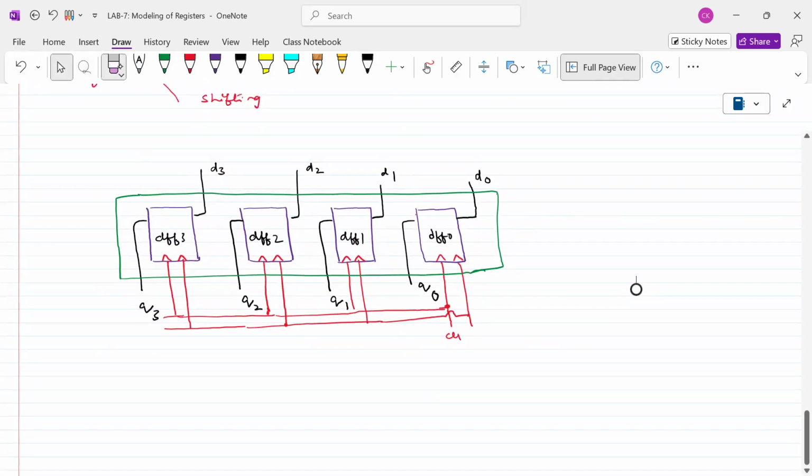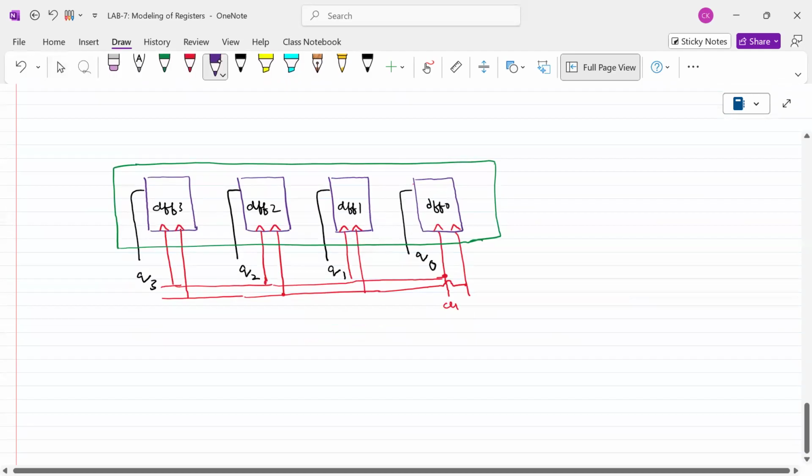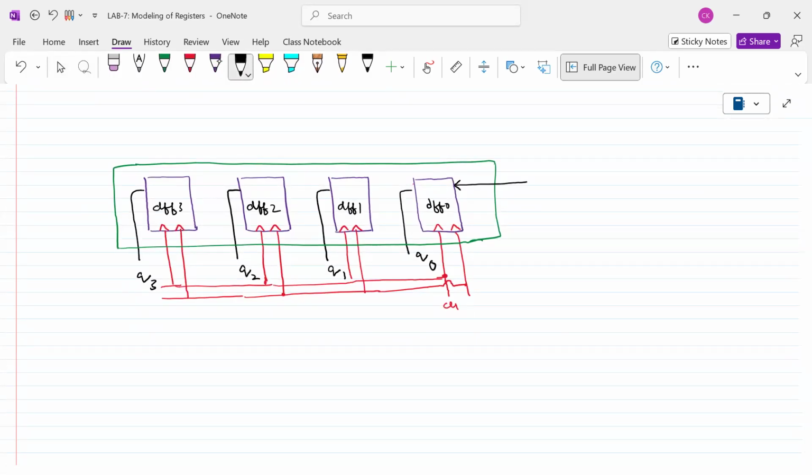Shifting means I should not use the parallel in, parallel out. Parallel in should not be done. What I have to do here is connect it. First of all, I have only one input connected here. That is called serial in, SI, serial in data. So this value is shifted to the succeeding stages, therefore there should not be parallel in, parallel out.